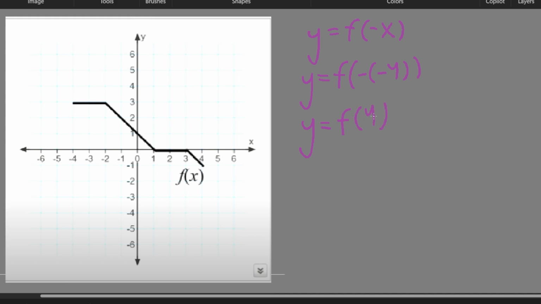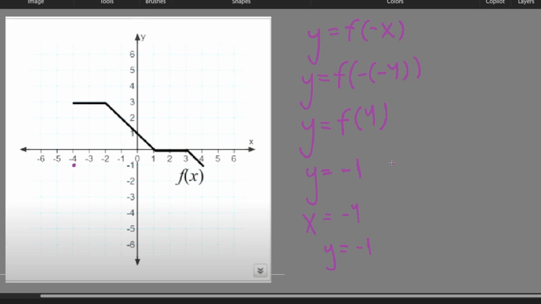What is f of 4? Well, if we look for x equals 4, we can see that f of 4 is -1. So y would be equal to -1. So when x is equal to -4, then y is -1. So let's put that right here.